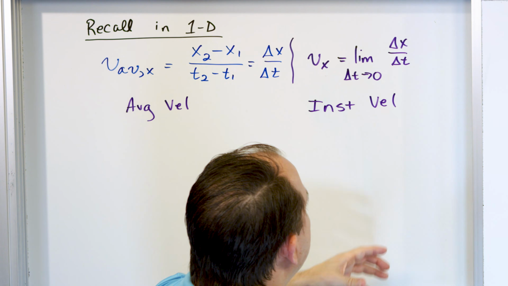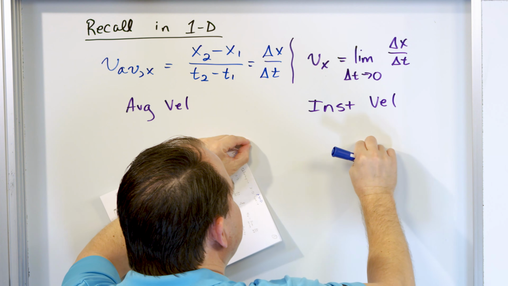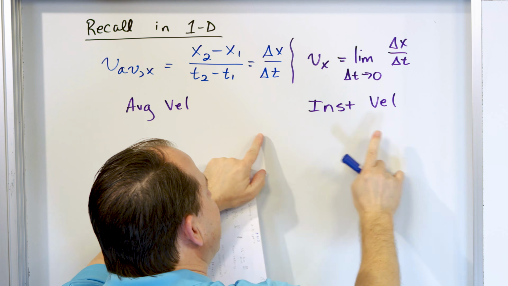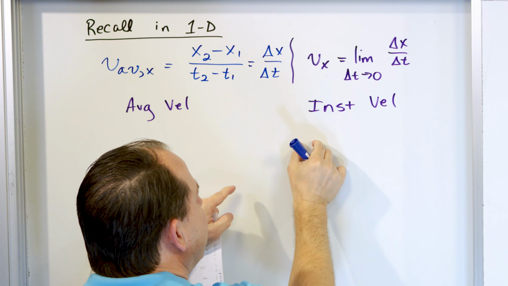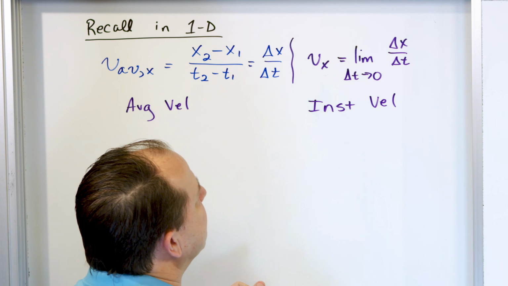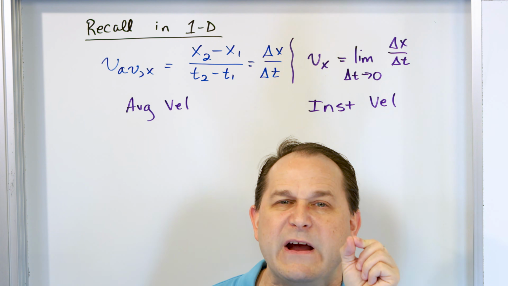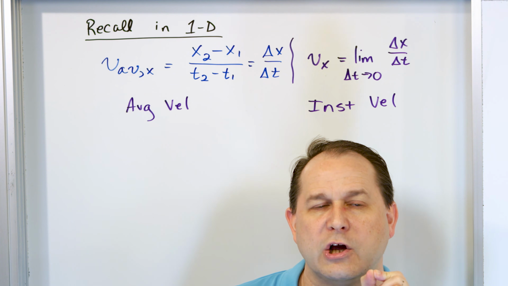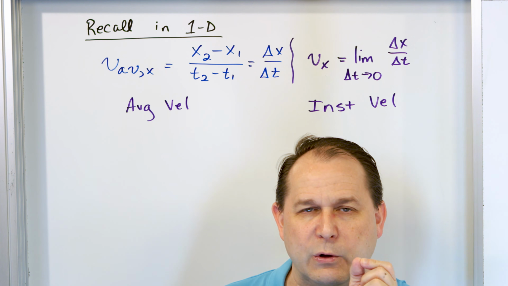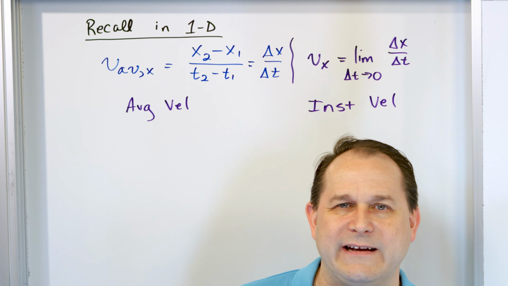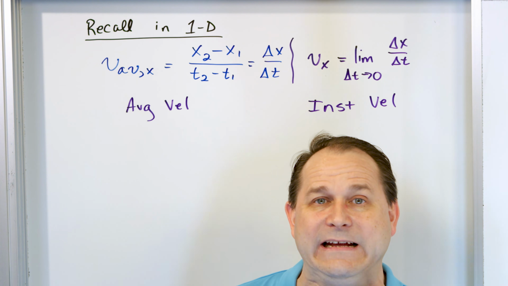But then we said, well, we're going to shrink the distance smaller and smaller. We're going to shrink the time interval, which makes the starting and ending points come infinitely close together. And when we take a look at what's happening on a very, very short time interval, call it infinitely small time interval, how far did it move and how long did it take? We call that the instantaneous velocity.